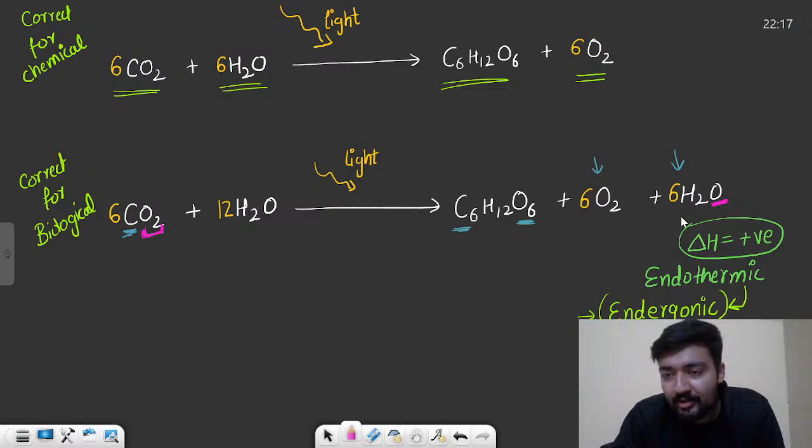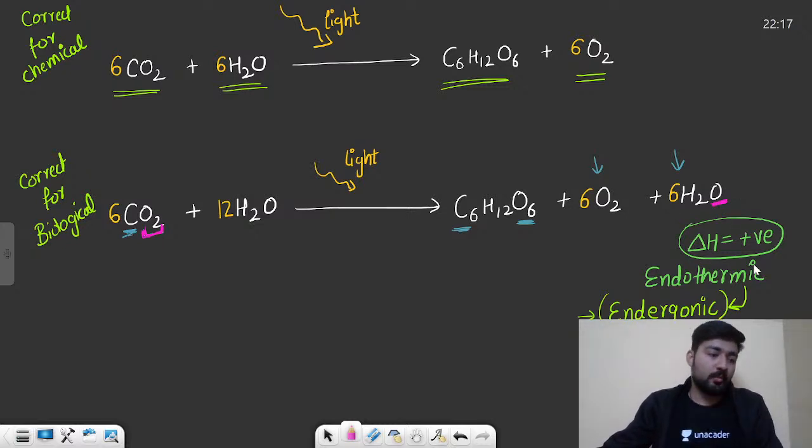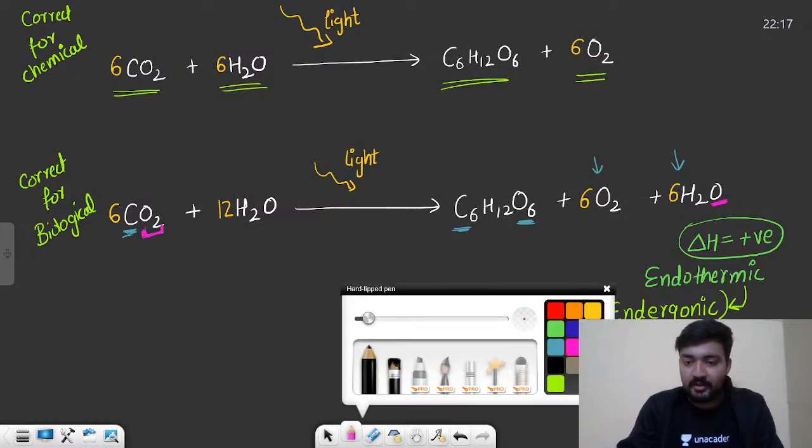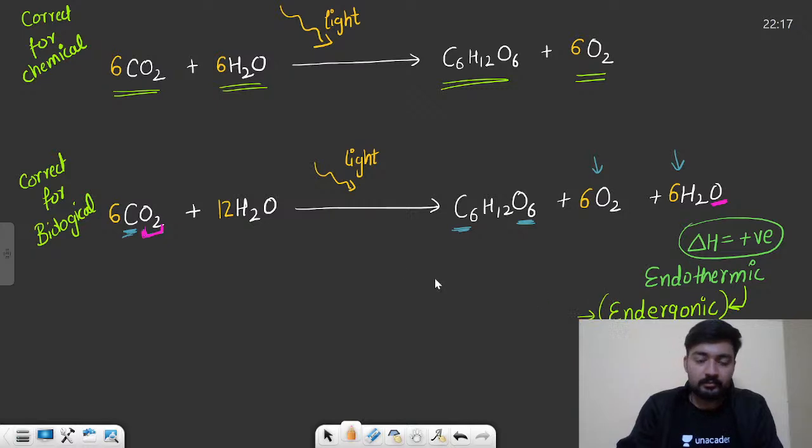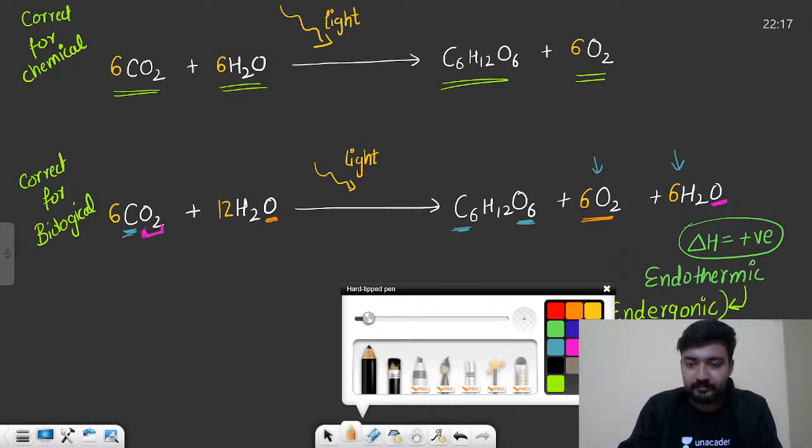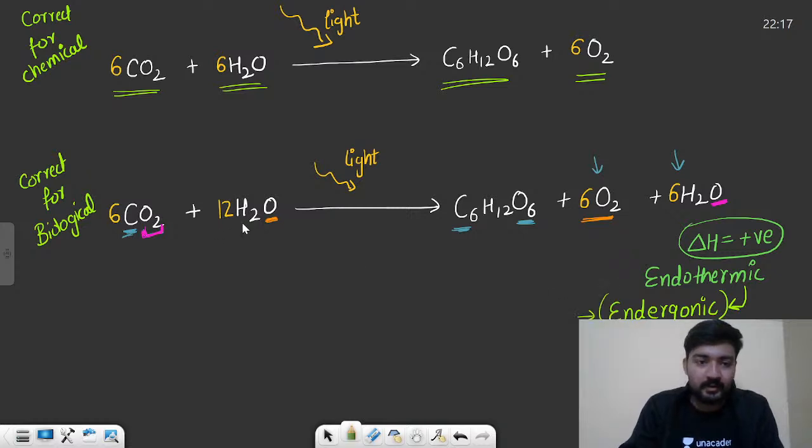This oxygen is actually released in the water molecules, right? This is the first thing. Second thing, the oxygen which is actually released during photosynthesis, these 12 atoms of oxygen, all of them are coming from water, right? So as you can see, this is how it is happening. And this hydrogen is going in glucose as well as in the water so produced, right? So this is how the atoms are moving.